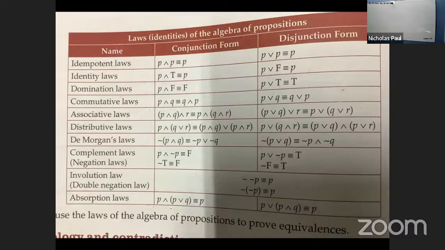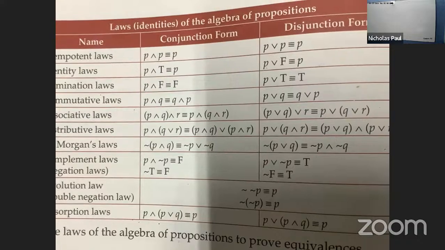All right, so how do we use all these rules? Some of them are easy. Let me just point out the ones that are easy: 1, 2, 3, 4, 5, 6.